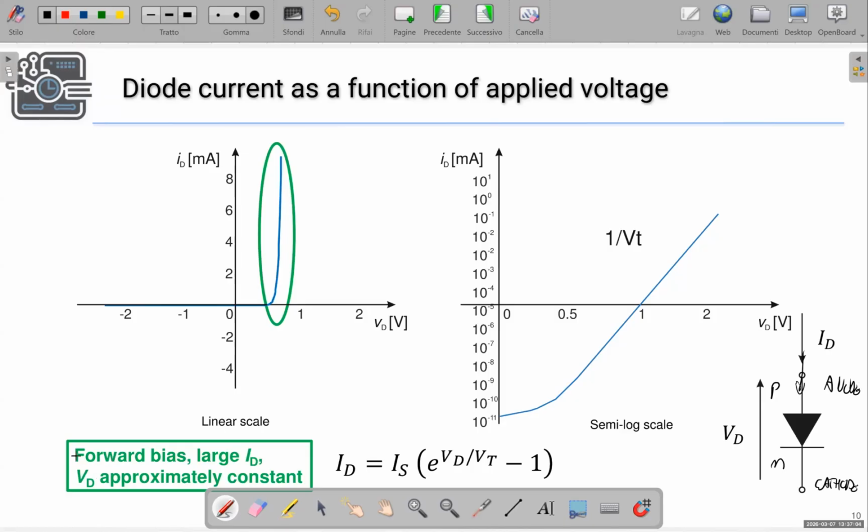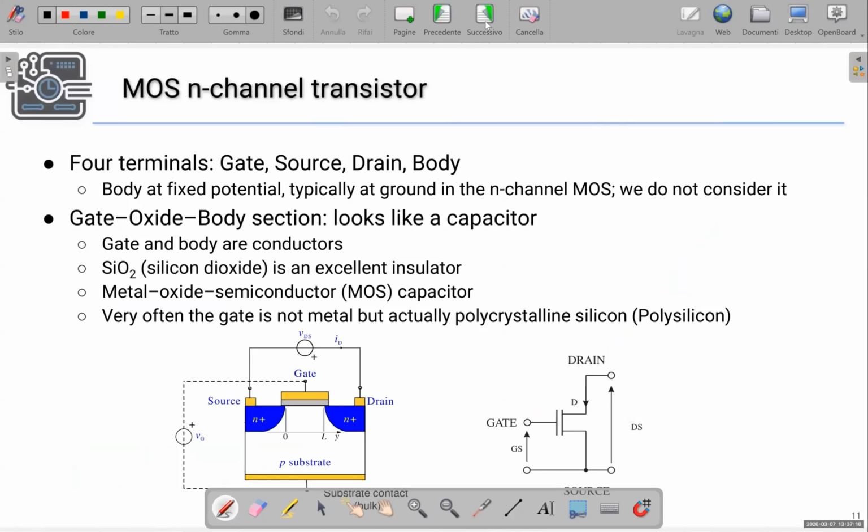The voltage VD remains positive and almost constant even when the current ID increases very much.